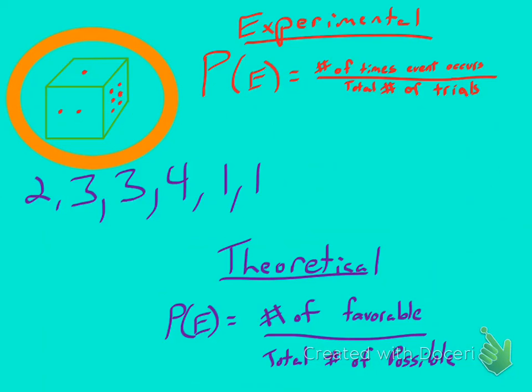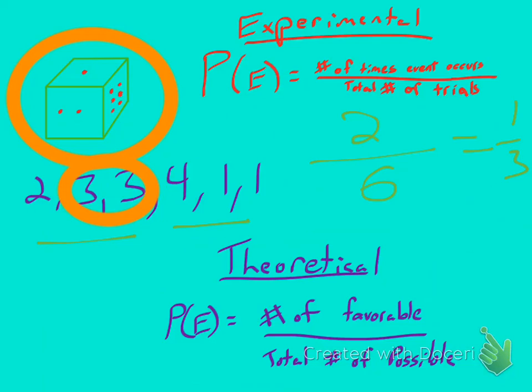Now I want to know the probability of me actually rolling a 3. So, the number of times it occurs, that's 2, over the total number of trials. Well, there were 6 trials, so that's 2 out of 6, which is 1/3. So the probability of me actually getting a 3 out of 6 rolls would be a 1/3. 1 out of 3 chances.